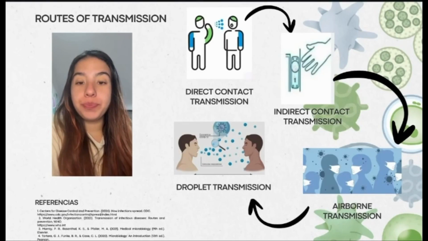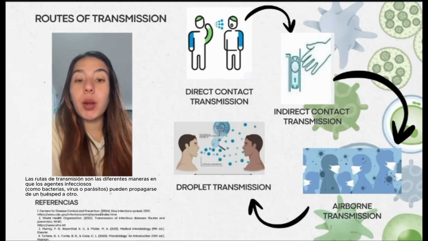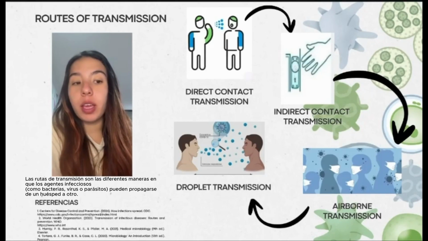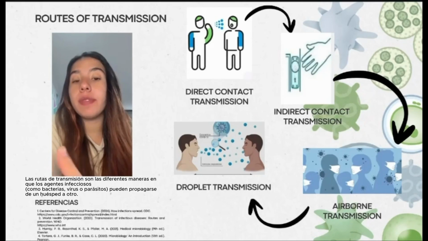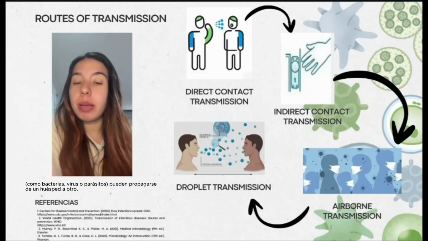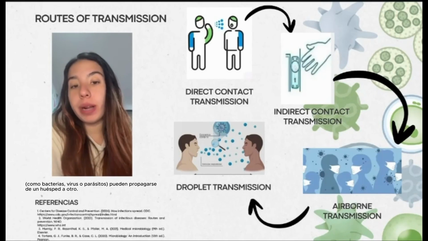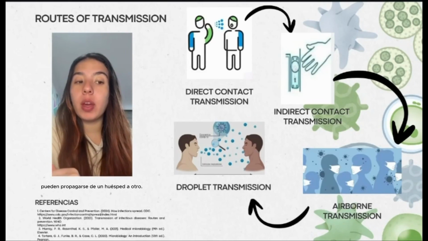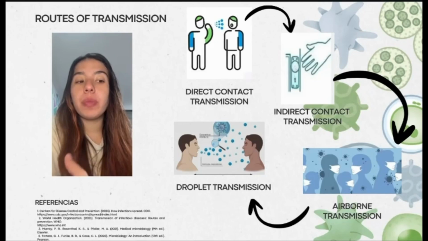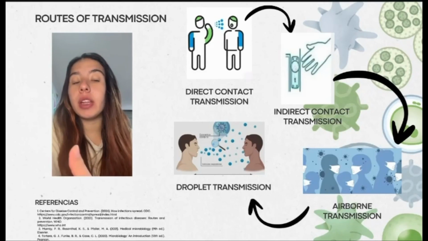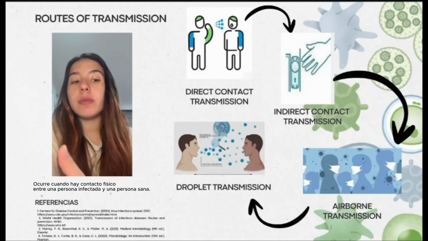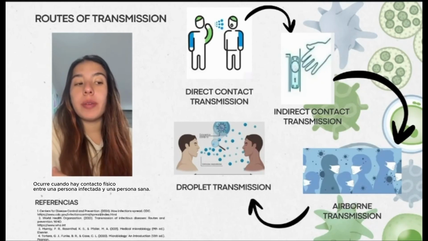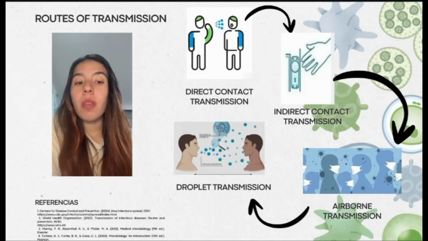Transmission. Transmission routes are the different ways in which infectious agents like bacteria, viruses, or parasites can spread from one host to another. The main routes are: direct contact transmission, which occurs when there is physical contact between an infected person and a healthy one.